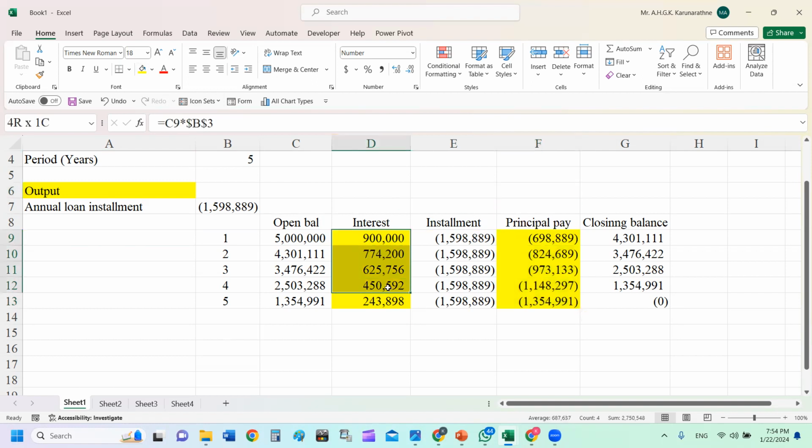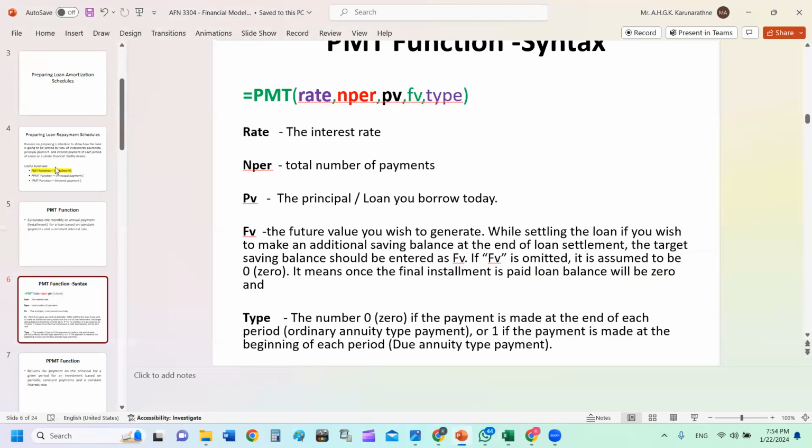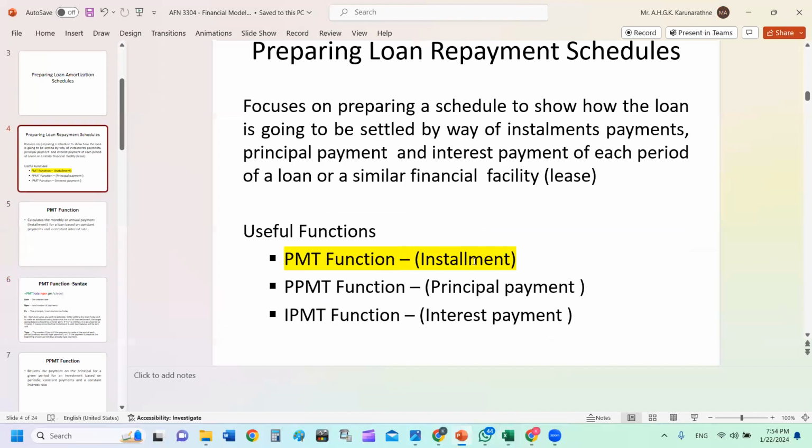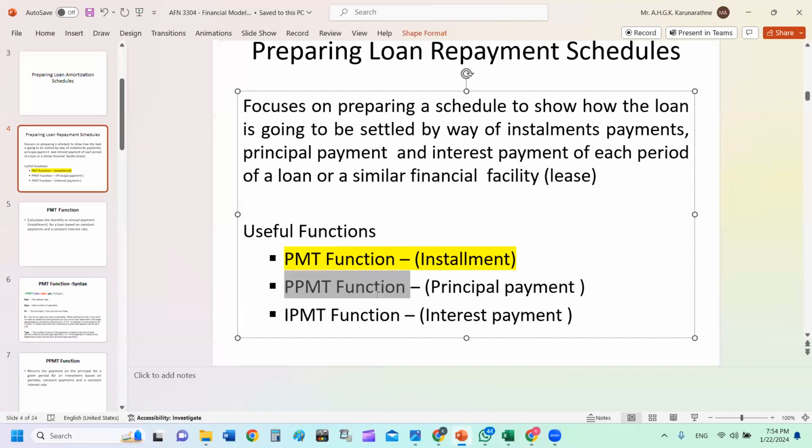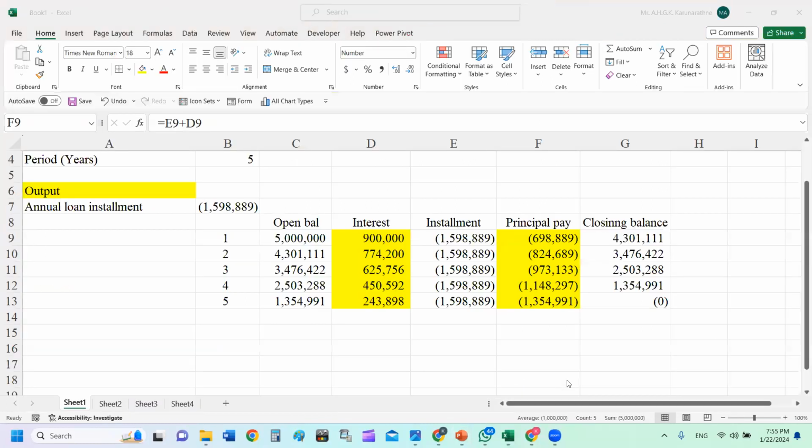For interest payment and principal payment, there are supportive formulas. Using PPMT, the principal payment function, we can find the principal payment. Using IPMT we can determine the interest payment. But you can see you don't need to use these functions. Even without them, we could easily compute the interest payment and principal payment.